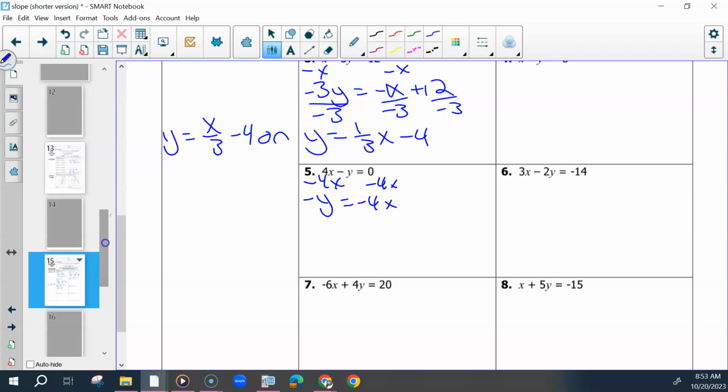And then to get rid of the negative, divide by negative y. So not by negative y, but what's the number? 1. Divide by negative 1. So you can either leave it as y equals 4x, or if you put plus 0, you would divide that by negative 1 and put plus 0 at the end. Either or.